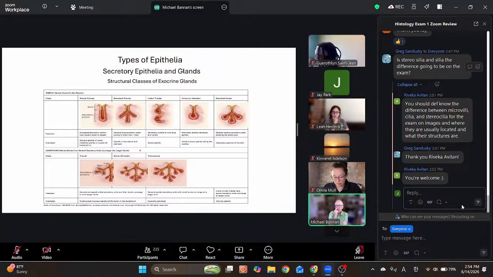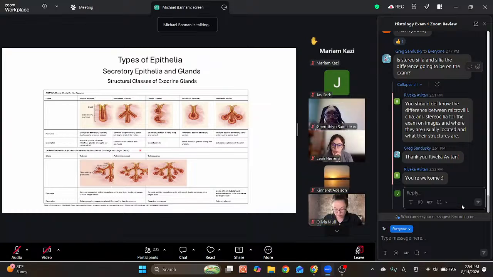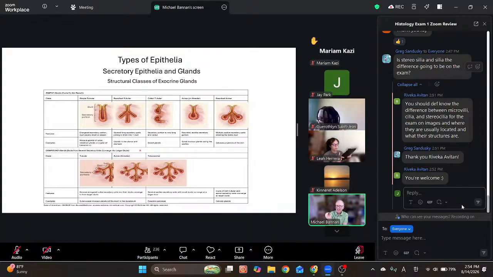How do we classify glands? Now we're talking about exocrine glands. We split glands into exocrine glands, which produce and deliver a secretion through a duct system, and endocrine glands, which produce a secretion that they secrete into the bloodstream. We're focusing here on exocrine glands. We classify exocrine glands as simple or compound based on the structure of their duct.